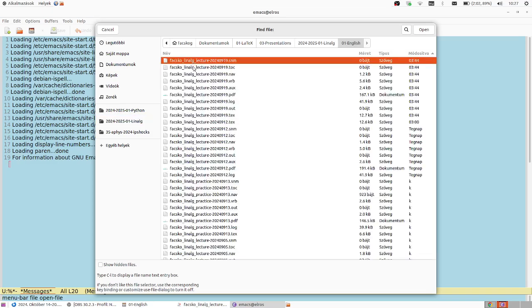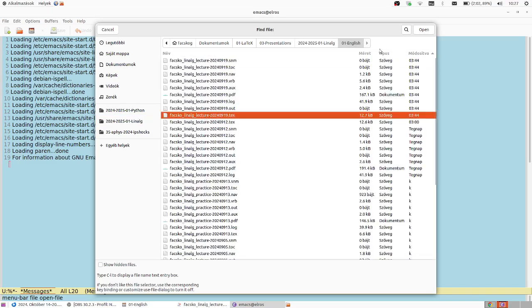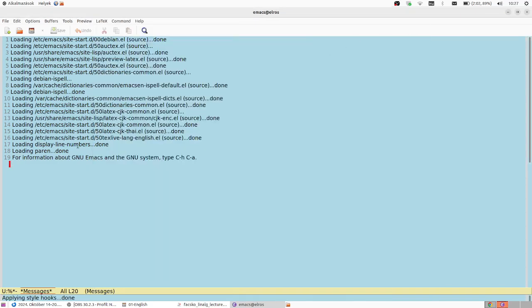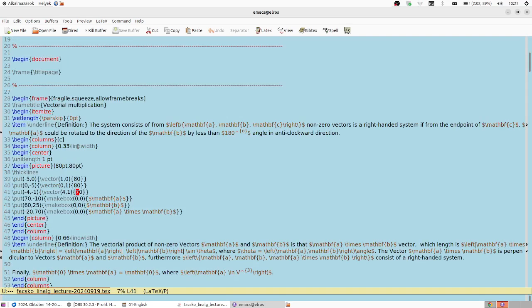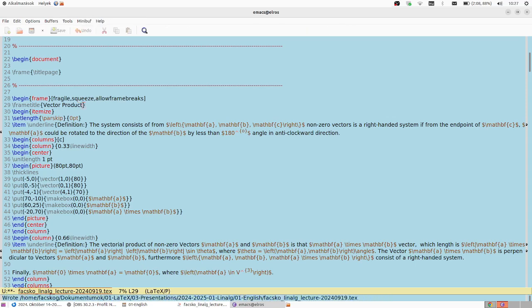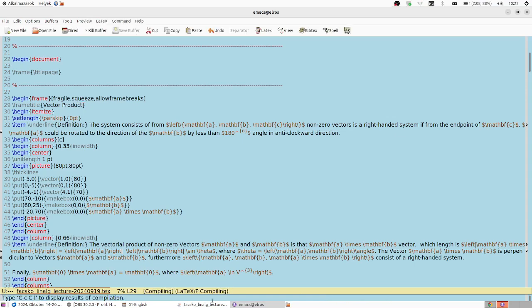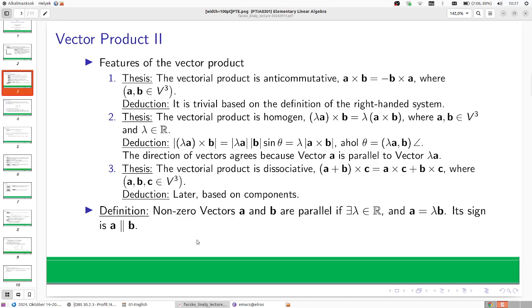Let's see. Okay, much better. So, we have vector product right now, and the features.